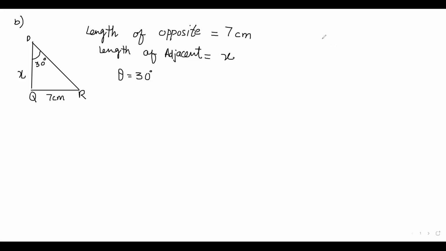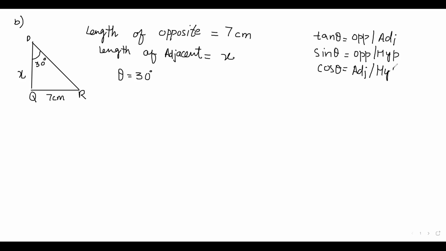First, I will write the formulas for all the trigonometric ratios, so we can understand which formula we would use. Tangent theta is equal to length of opposite over adjacent, sine theta is length of opposite over hypotenuse, cosine theta is length of adjacent over hypotenuse.